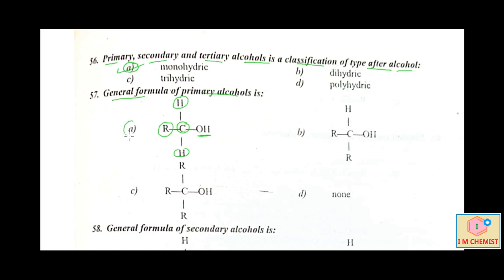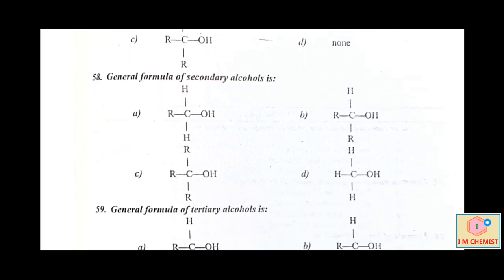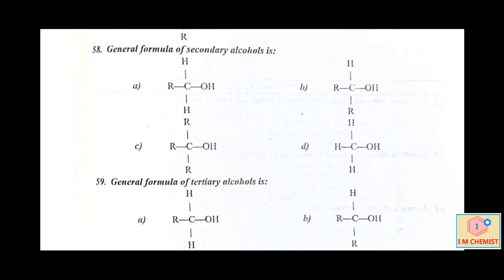So option number A would be correct. MCQ number 58. General formula for secondary alcohol. In secondary alcohol, this carbon atom that is attached with hydroxyl group is further attached with 2 alkyl groups and 1 hydrogen atom. So option number B would be correct.